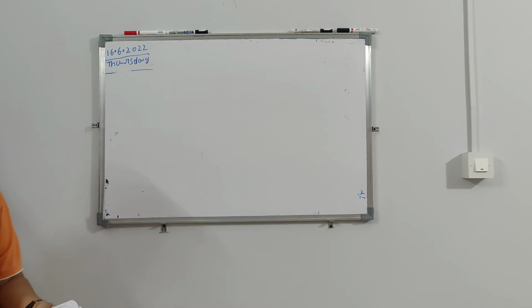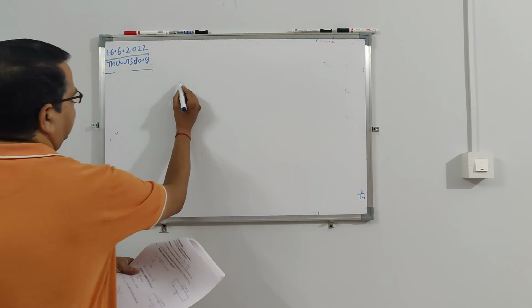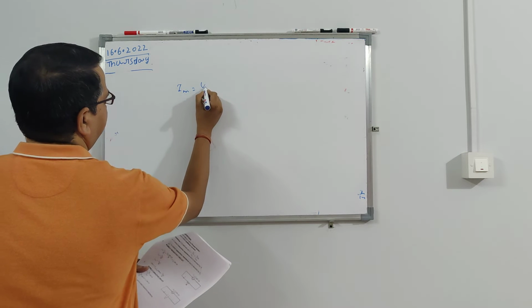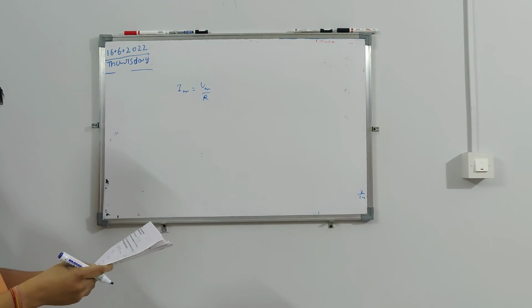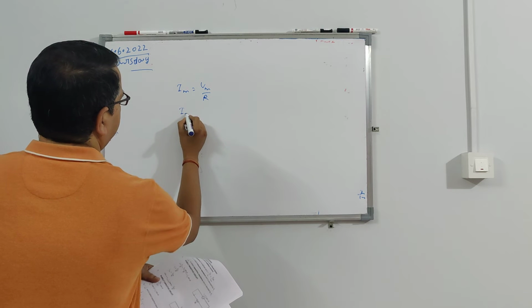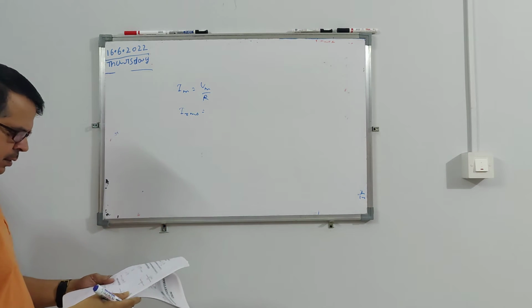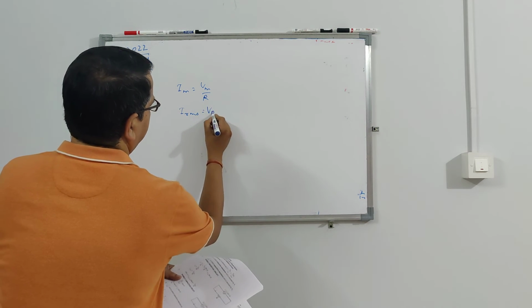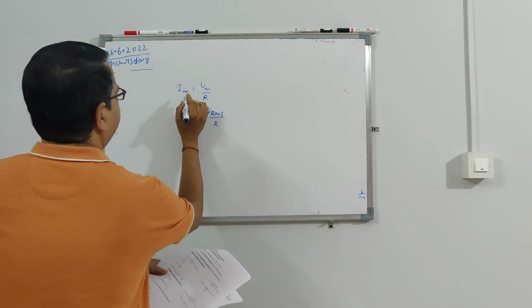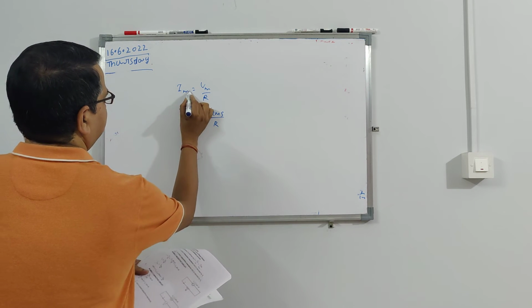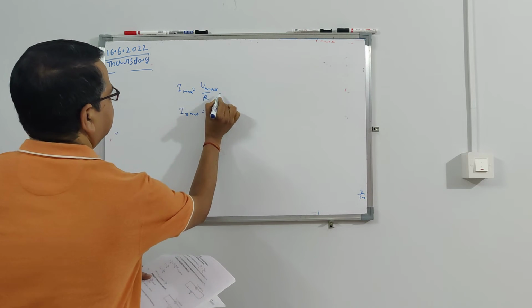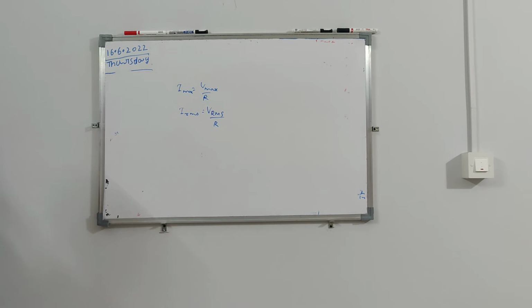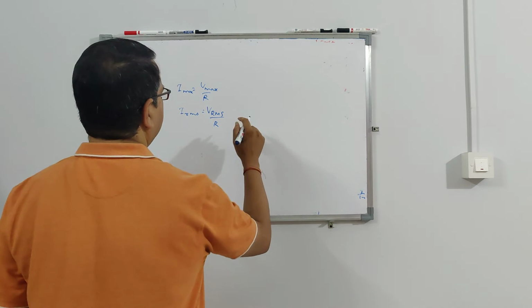In a purely resistive circuit, current and voltage are in phase. In a purely resistive AC circuit, I max is equal to V max by R, and I RMS is equal to V RMS by R. There is a difference between RMS and max. V max is equal to root 2 times V RMS.